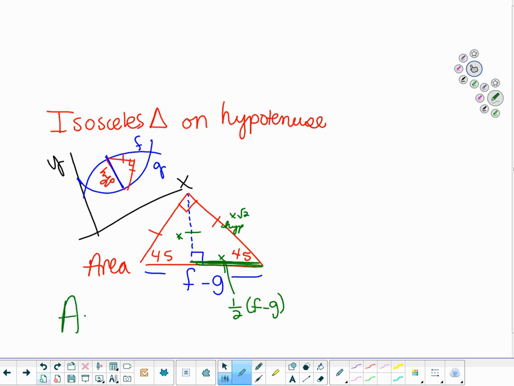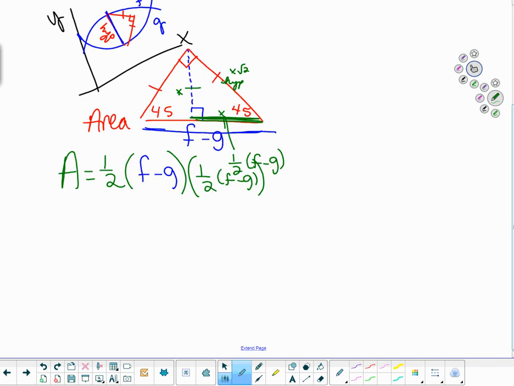So the area formula for this triangle is a 1/2 times the base, which is my blue figure, f minus g, times the height, which ends up being 1/2 f minus g. Oh, so this ends up being a pretty easy little formula, doesn't it? It ends up being 1/4 of f minus g quantity squared.